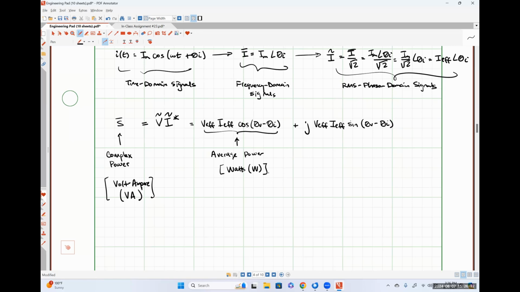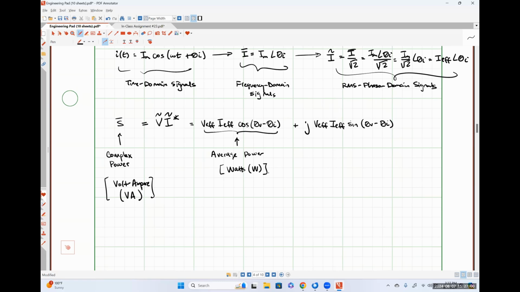Okay. Let's talk about what this represents. So the average power absorbed by a system is effectively the portion of the complex power that is capable of performing mechanical work or capable of being converted into heat.